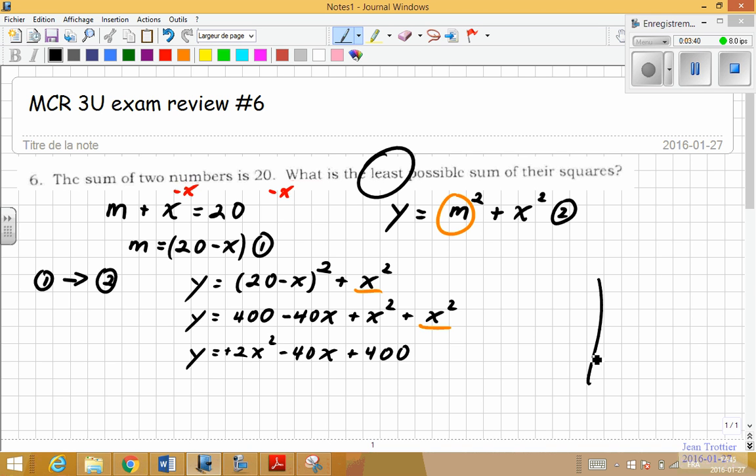So if we looked at a graph of this, we can already guess a bit what it looks like. We know that on the y-axis, it hits at 400, and we know the branches are aiming up. So it's either going to be something like this or like that, but we know we have a minimum. This here is the minimum that we're looking for.